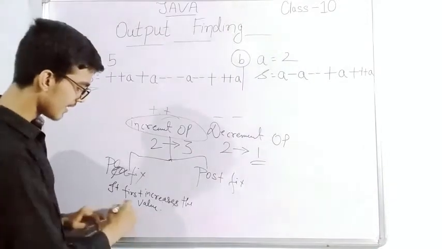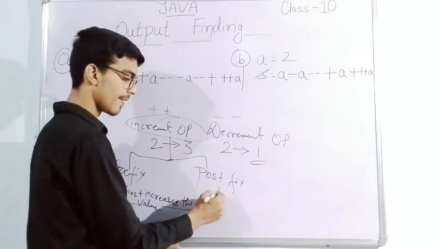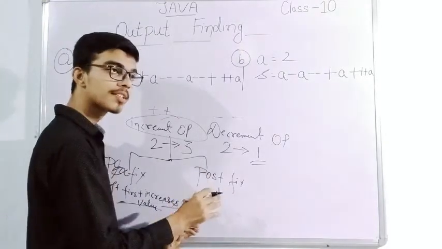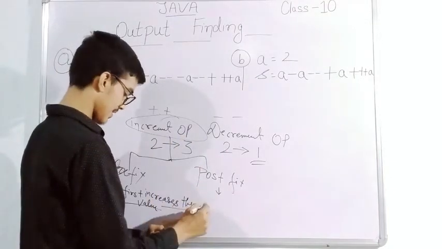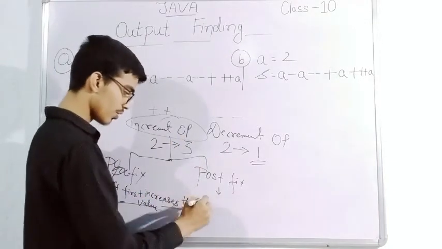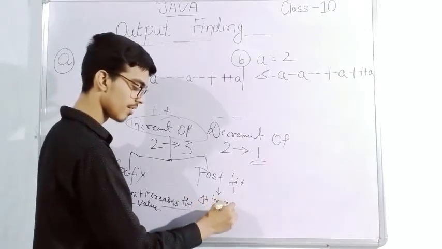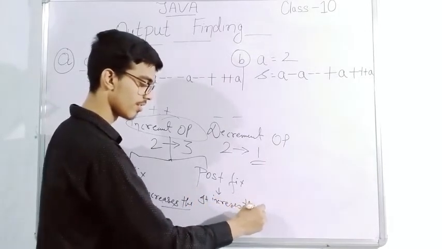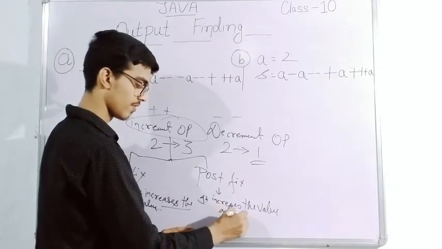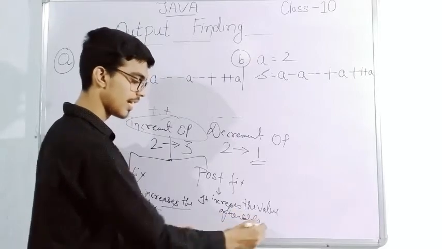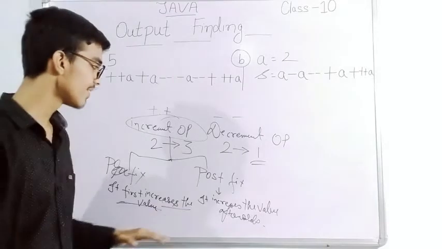I have written here that it first increases the value. And this postfix, it first sees the value, takes the value as input, and after that it increases the value. So it increases the value afterwards. So this is the thing.